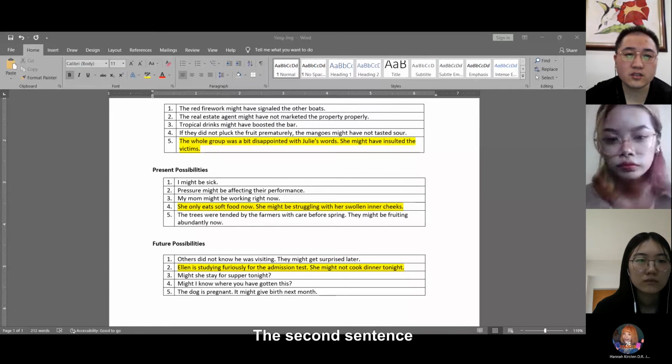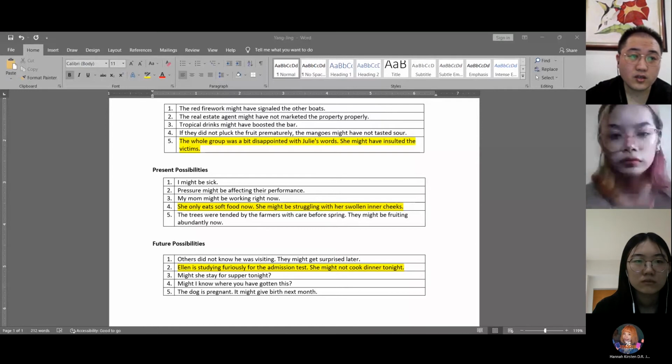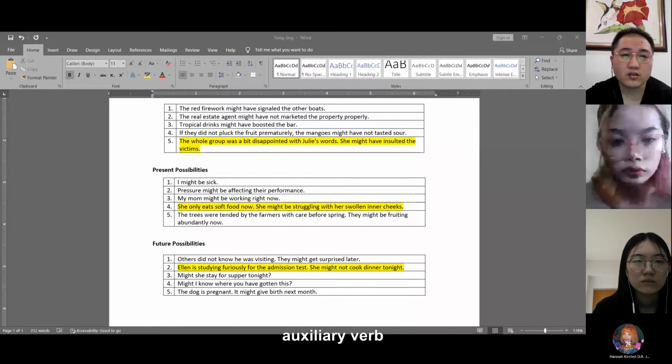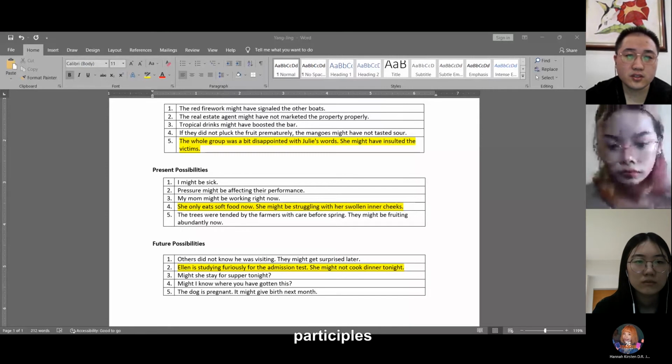The second sentence has the modal verb might. It has the subject and the modal verb might, then the verb, with a participle issue.